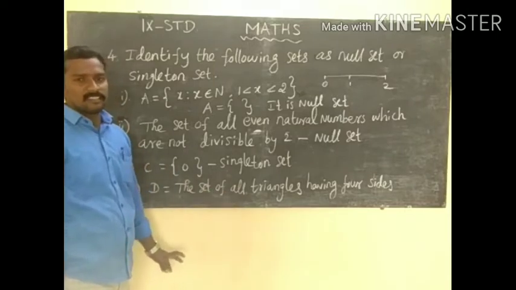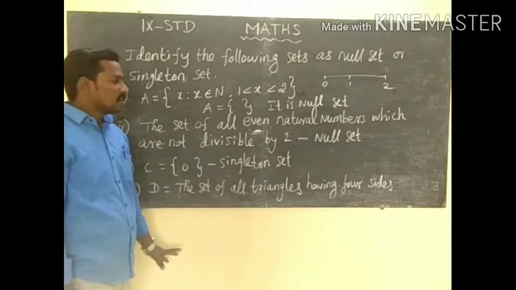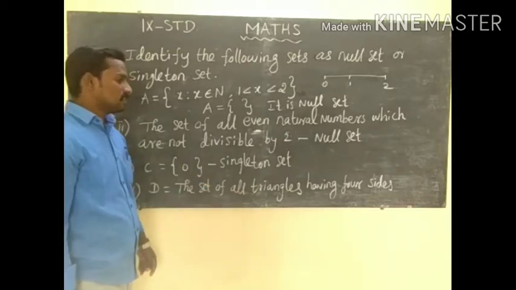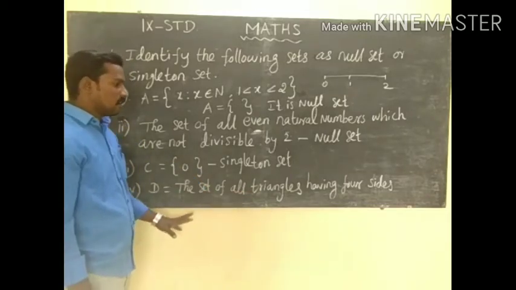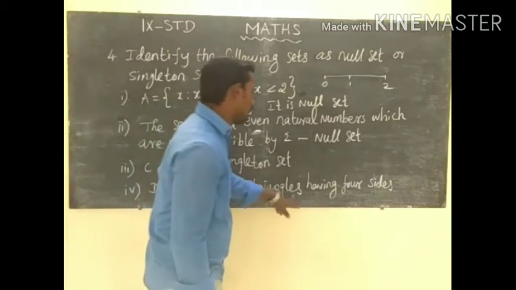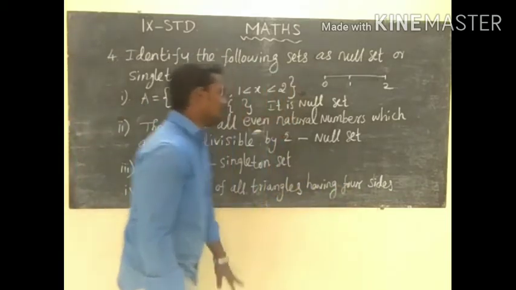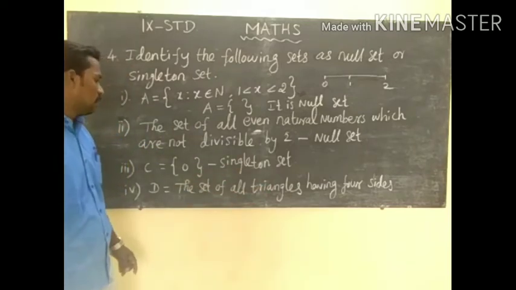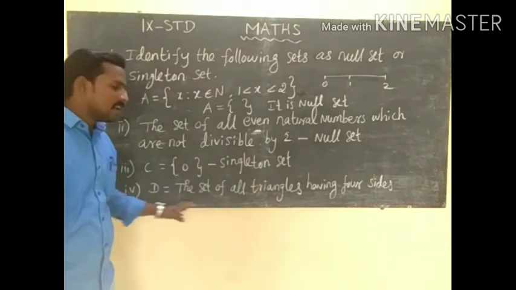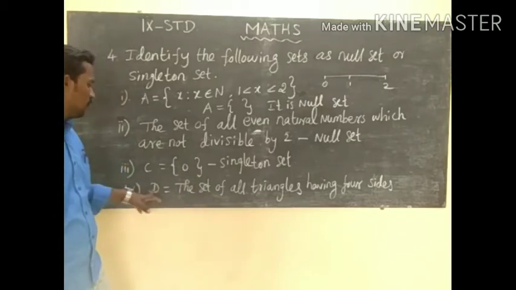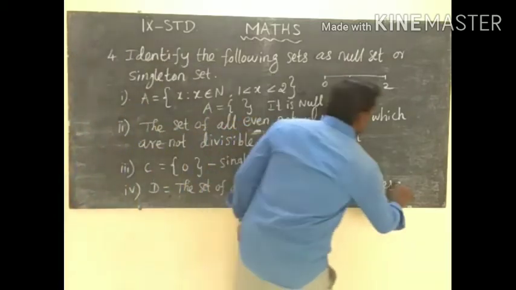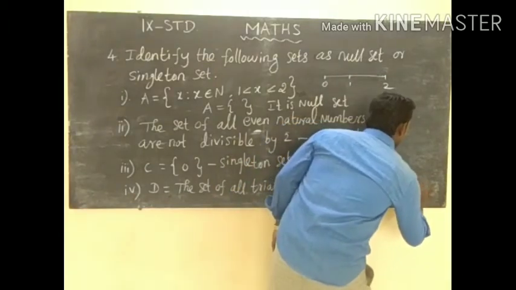The triangle has 3 vertices, 3 angles and 3 sides. This has only 3 sides, but here the question gives a triangle having 4 sides. This is a contradiction of our basic result. So there does not exist any element, and D is equal to the empty set.